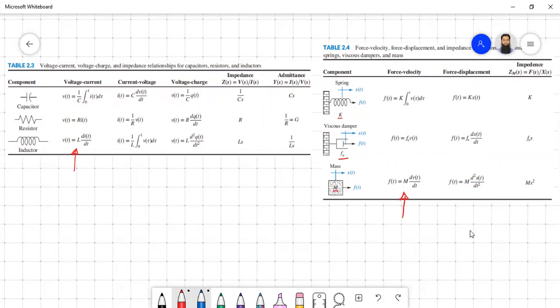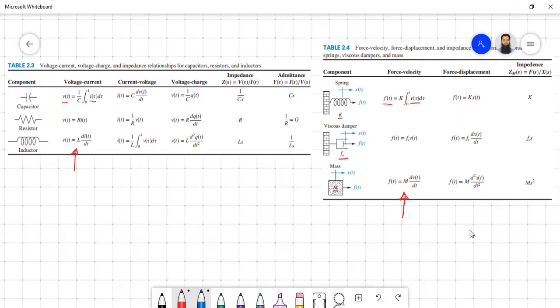If you compare these two tables, first of all, look at the equations. Voltage is related to current using an integral formula. Similarly, force is related to velocity with an integral formula.